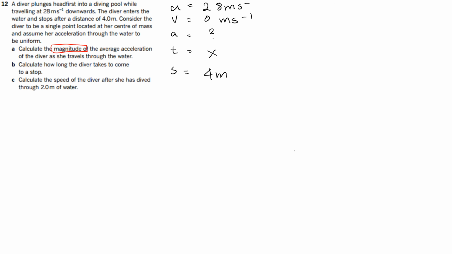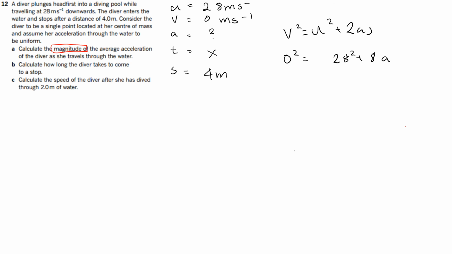Okay, so to solve this problem, we're going to use this equation. V squared equals U squared plus 2AS. We have V is 0 squared minus 28 squared plus 2A times 4, so that becomes 8A.